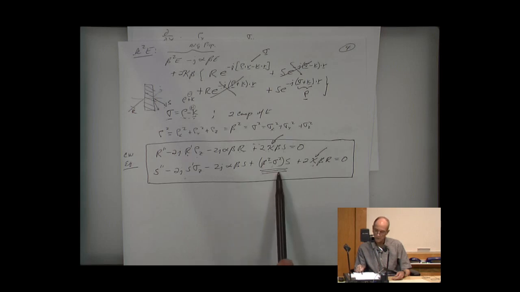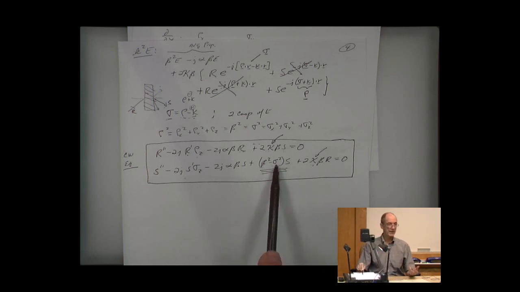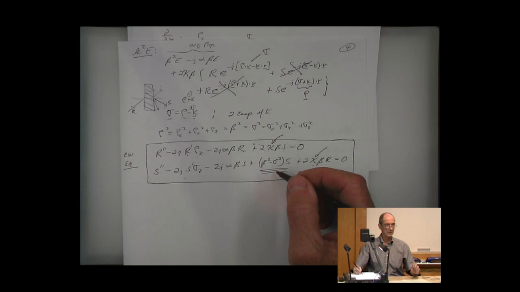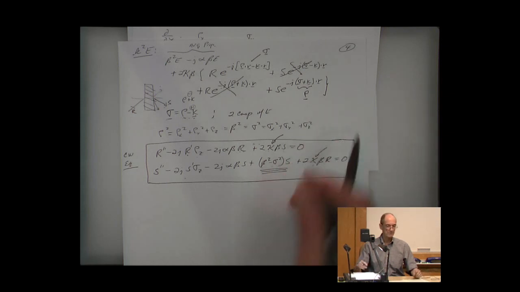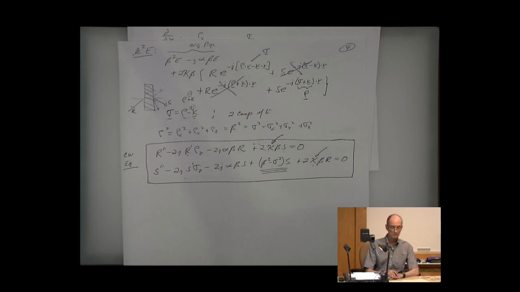Oh, because sigma, this would be 0 if we're at the Bragg condition. So that's the meaning of that term. In that very special case where we're at the Bragg condition, then this term would be 0. Thanks for bringing that up because that's going to come out later too. All right.